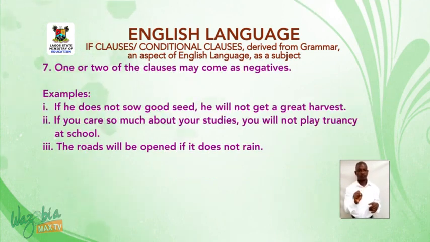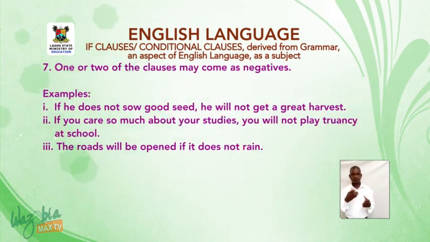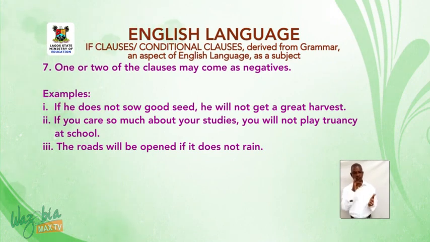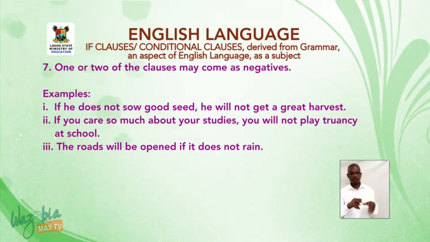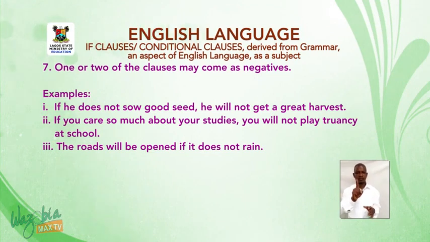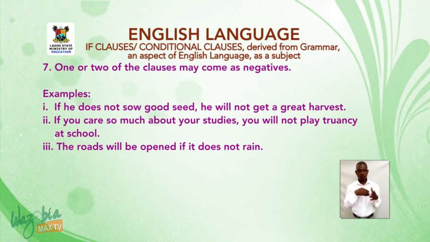Now, we come to the last of the seven points. And here, it is that one or two of the clauses may come as negatives. Examples. 1.